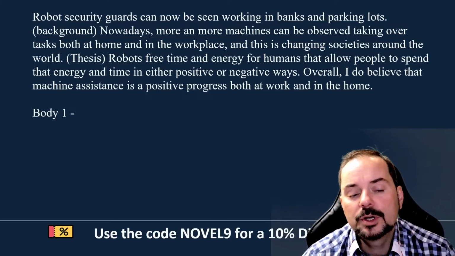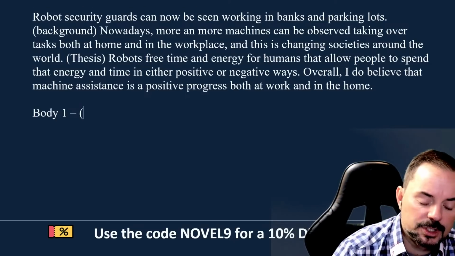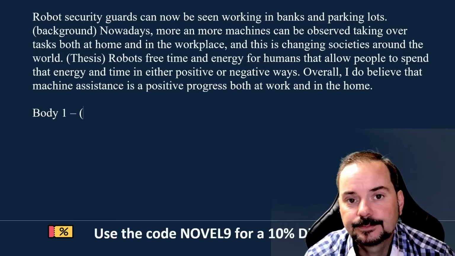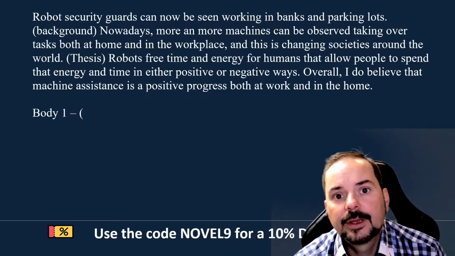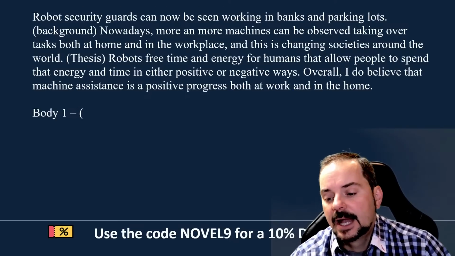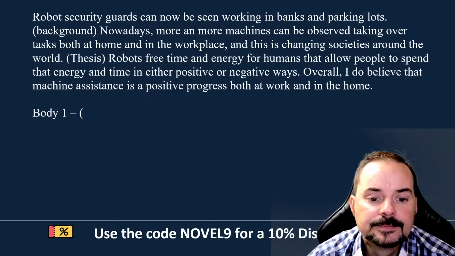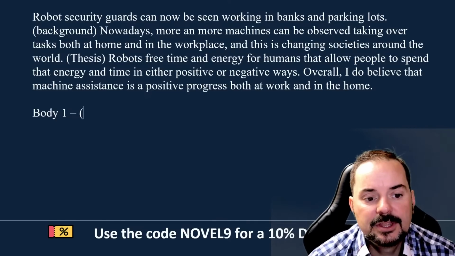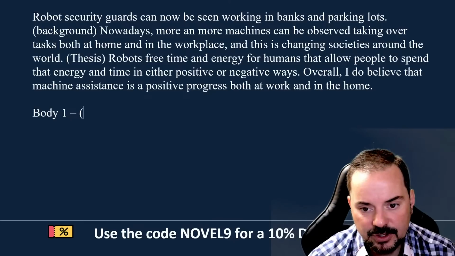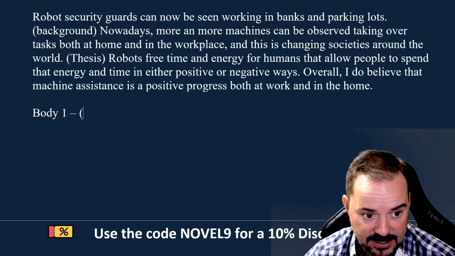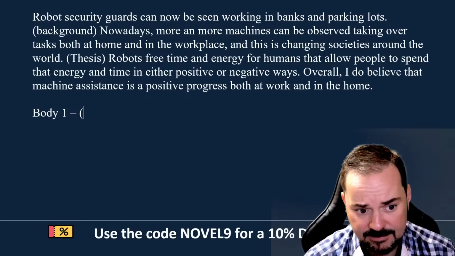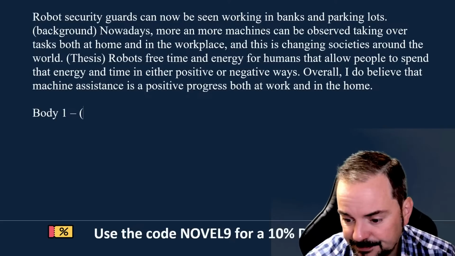So body 1, what should I write about? What should body 1 be about? Okay. How should I do this? So look at my thesis. Robots free time and energy for humans that allow people to spend that time and energy in positive or negative ways.